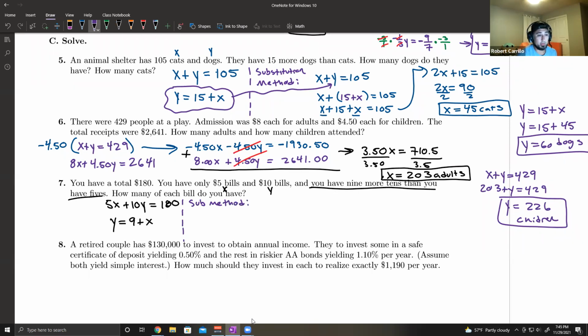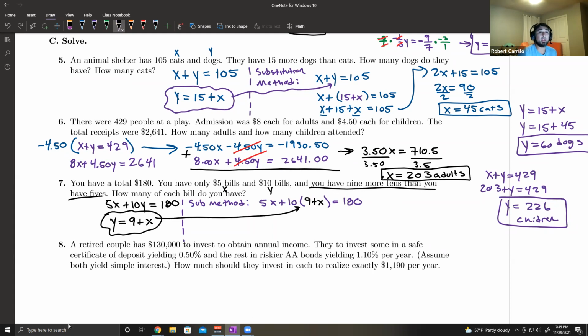Oh, word problems, right? 5x plus 10 times y, which is 9 plus x, equal to 180. Okay, we have plugged 9 plus x in for y.